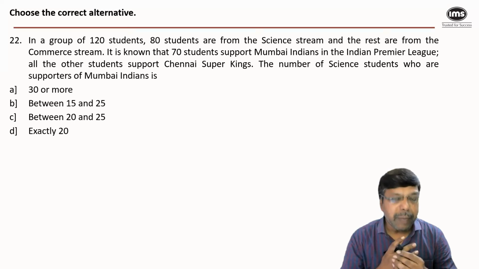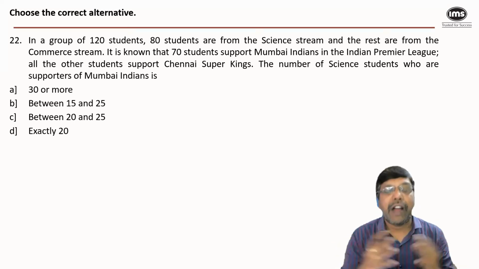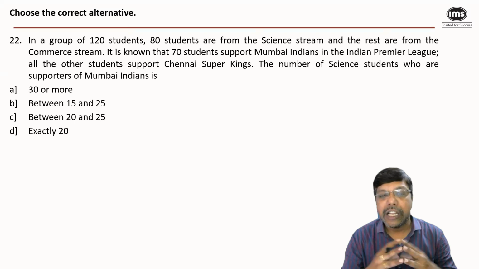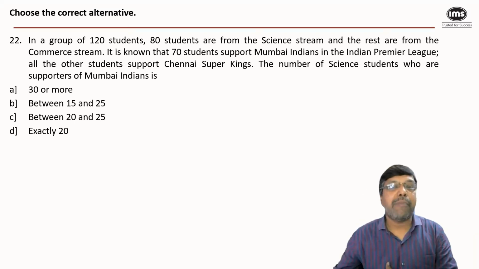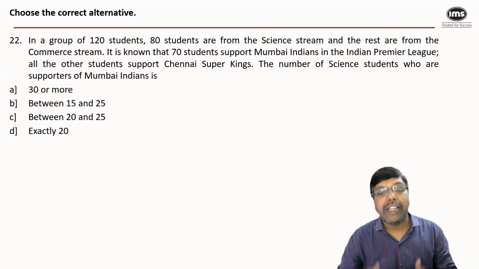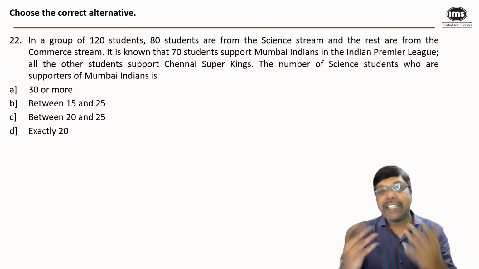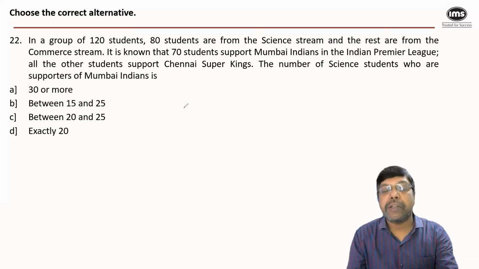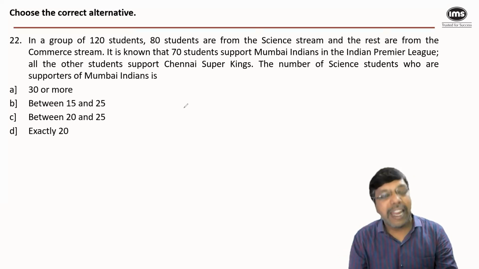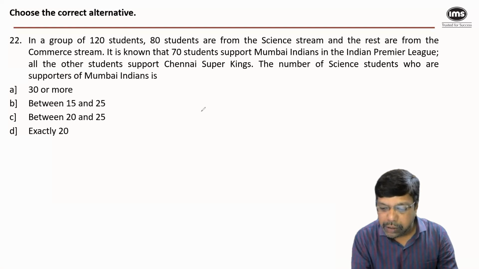So categorically, we need to classify 120 students into two types. Number one, based on the stream, and number two, based on the team they support. In such cases, it is always helpful if we try to represent this data in the form of a table. Now, science stream and commerce, let them represent row-wise.